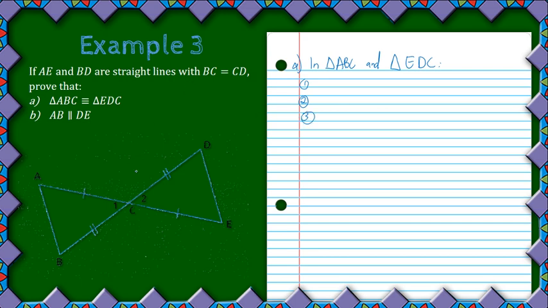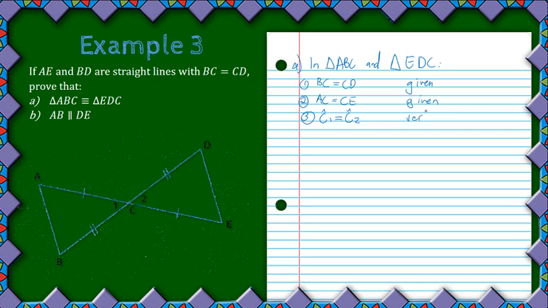For the first reason, we are given that BC is equal to CD, and that is given. Then it also shows here that AC is equal to CE, so that's also given. And then we have these vertically opposite angles, so angle C1 is equal to angle C2.